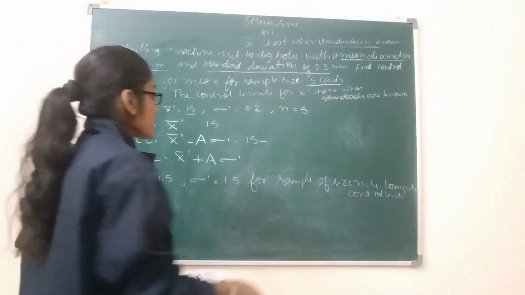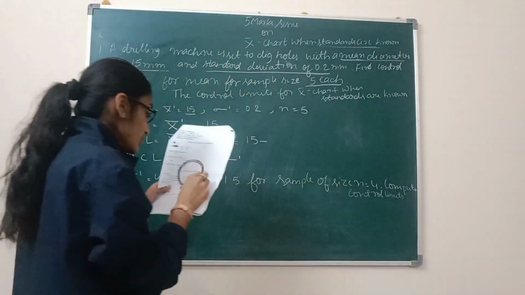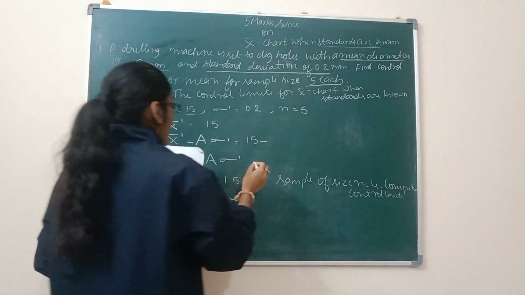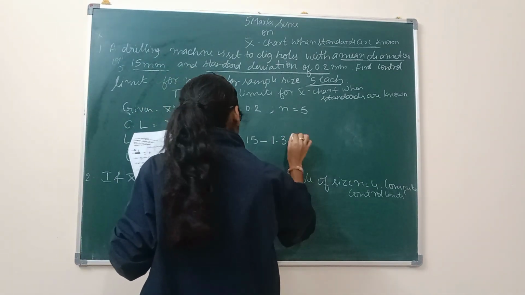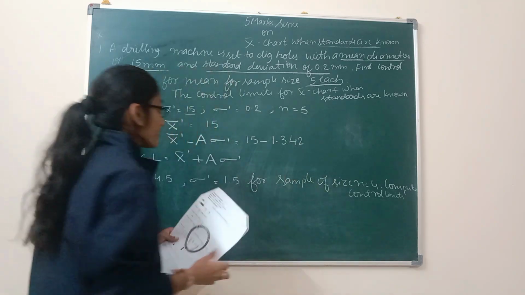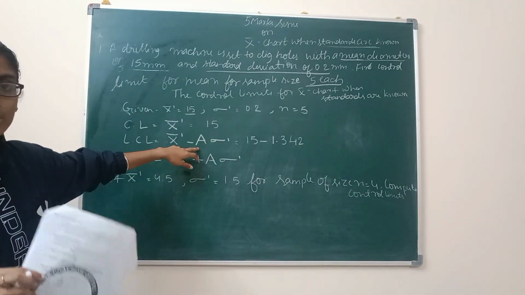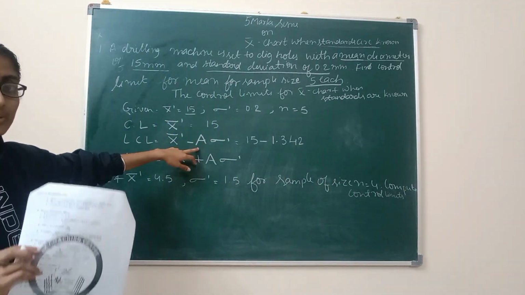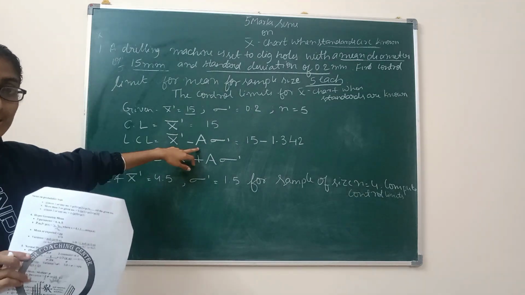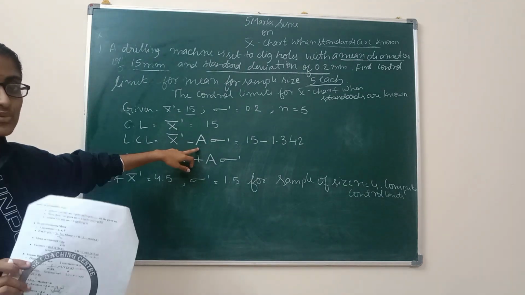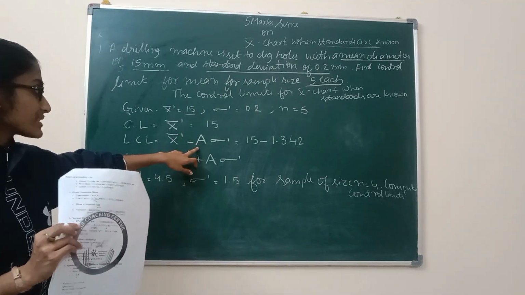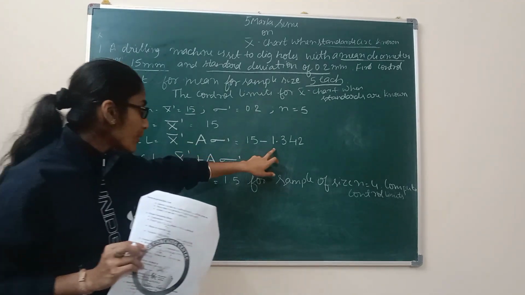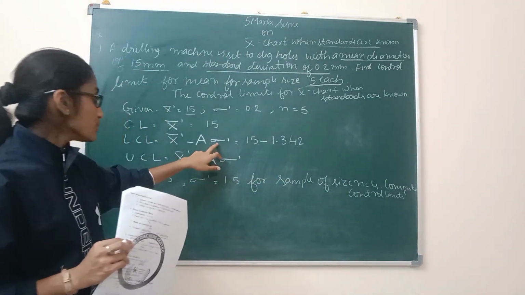When n is equal to 5, the value of A is 1.342. We get the A value from the table, and during the exam time at the end of the sheet they will give you the values, so kindly go through those values. So with sample size 5, we have 1.342 into sigma value.